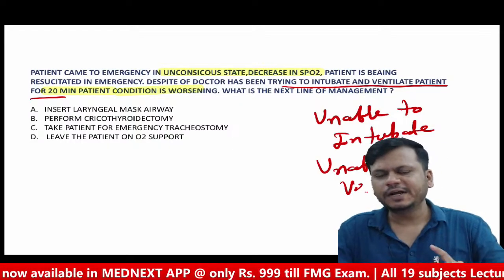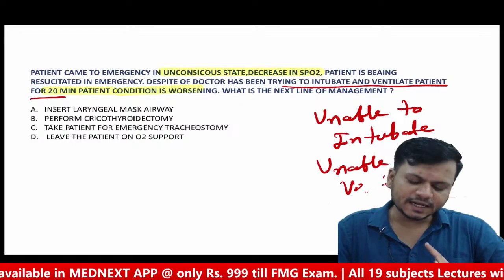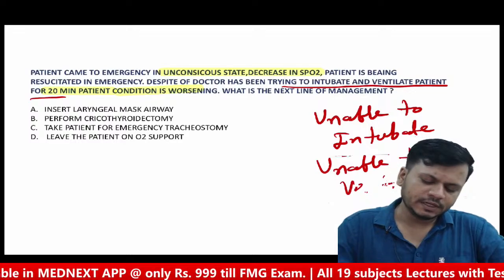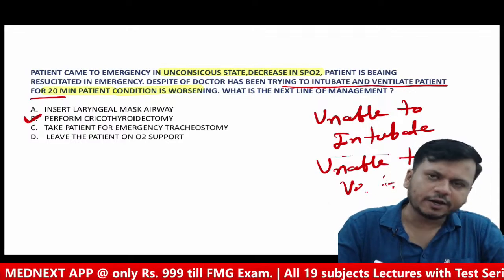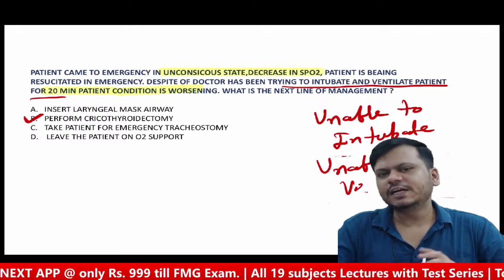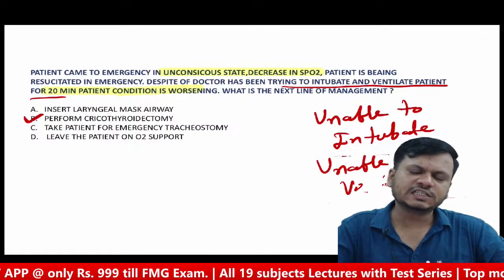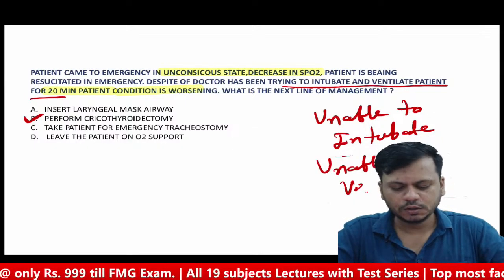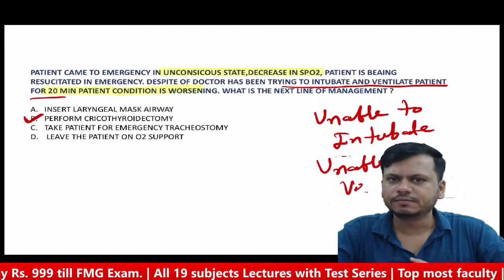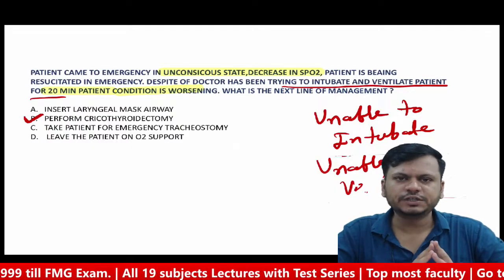Unable to intubate, unable to ventilate, that time we are going to perform cricothyroidectomy. If the patient is ventilating, then the answer might change to laryngeal mask airway. Okay, I am giving you 2-3 scenarios.